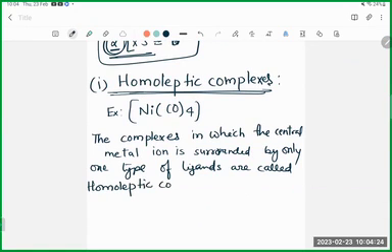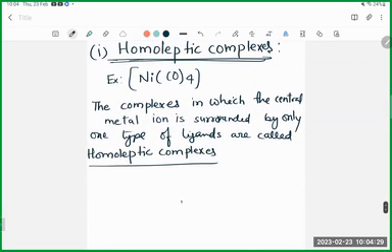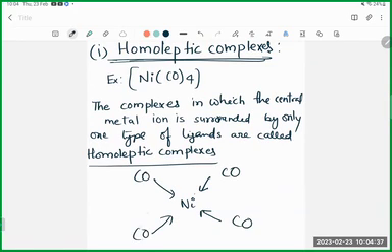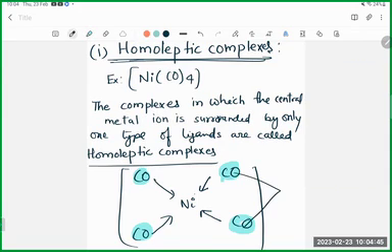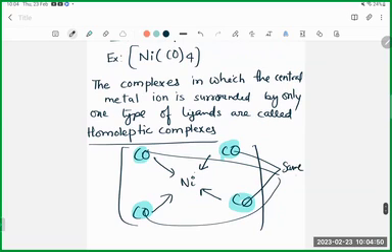Homoleptic complexes, right? So I would draw the structure. Ni in the center, 4 different sides, and we are seeing the approach by similar ligands. Correct? All are similar: CO, CO, CO, CO. Same ligands, isn't it? That's the reason I have taken the category as homoleptic.